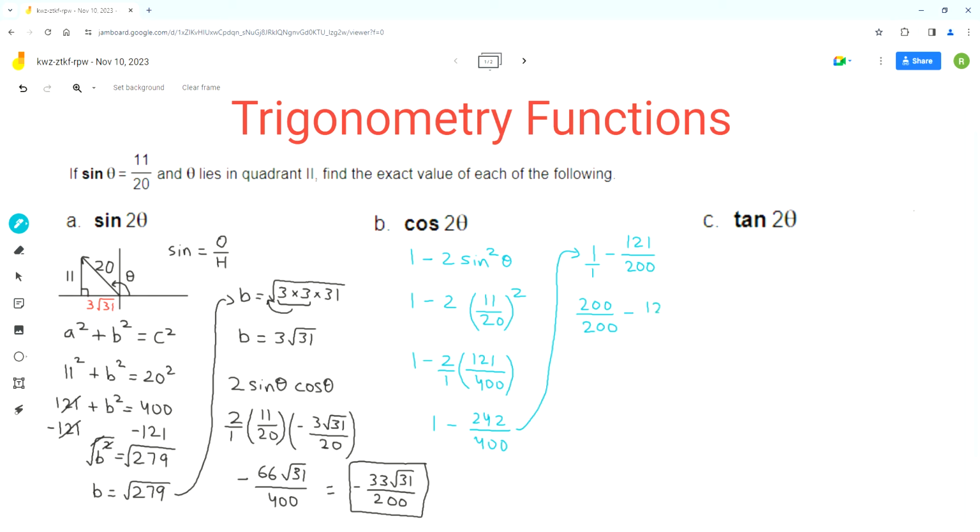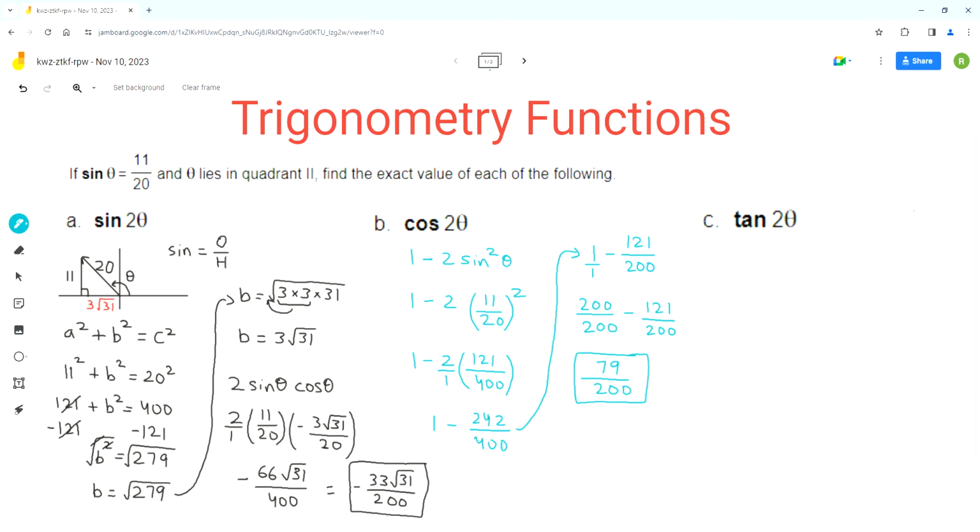Minus 121 over 200. Now we can subtract the numerator numbers because the denominators are the same. So I get 79 over 200. And this should be the final answer for part B because we cannot reduce this fraction.